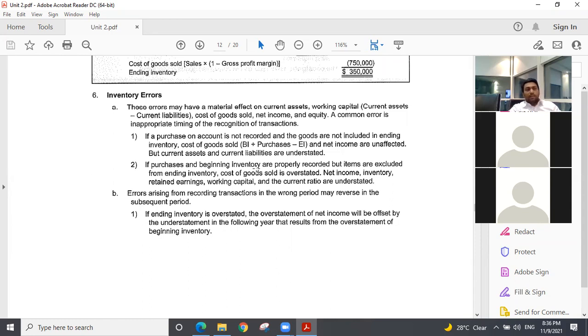Net income, inventory, retained earnings, working capital, and the current ratio are understated. Errors arising from recording transactions in the wrong period may reverse in the subsequent period. If ending inventory is overstated, the overstatement of net income will be offset by the understatement in the following year that results from the overstatement of the beginning inventory.